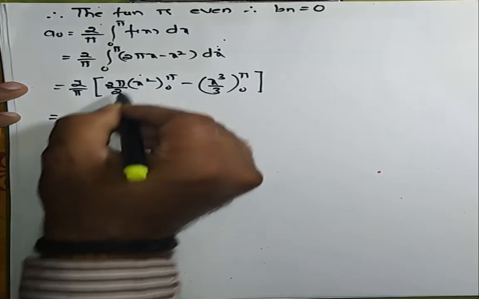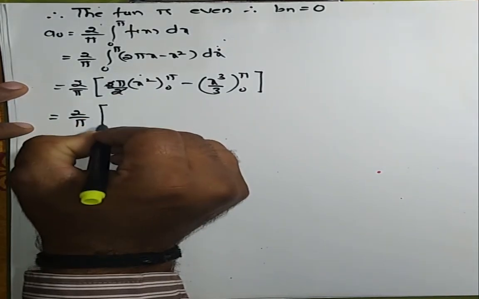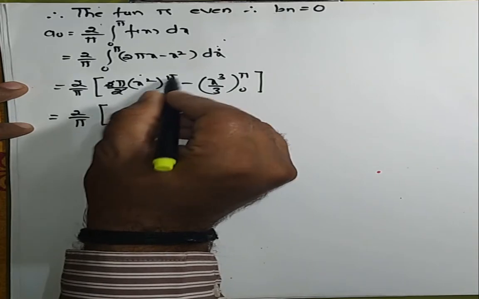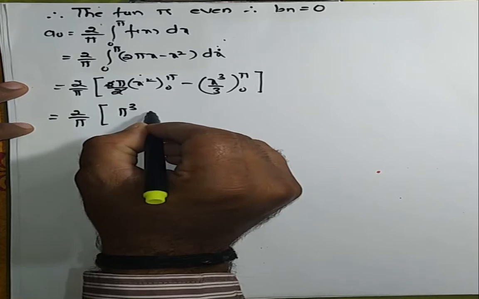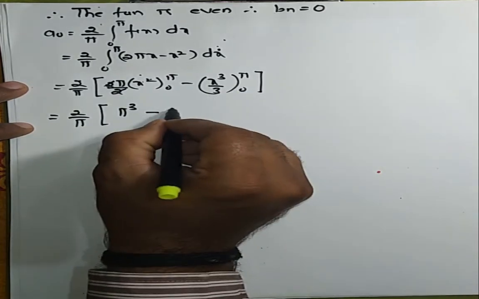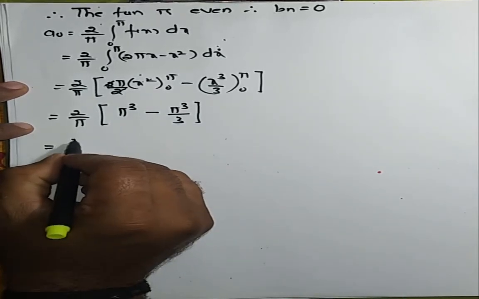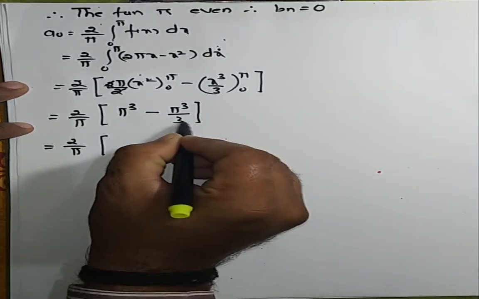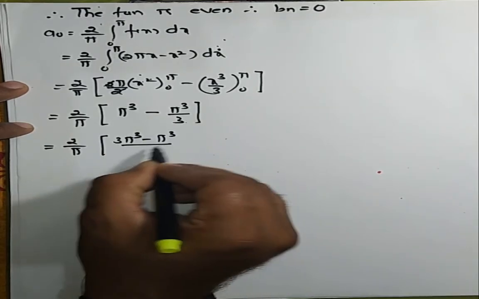So therefore 2 gets cancelled, so 2 divided by pi bracket. If you apply this pi, it becomes pi square into pi, it becomes pi cube, minus, apply this, it becomes pi cube divided by 3. So take an LCM, 2 divided by pi bracket 3 pi cube minus pi cube divided by 3.